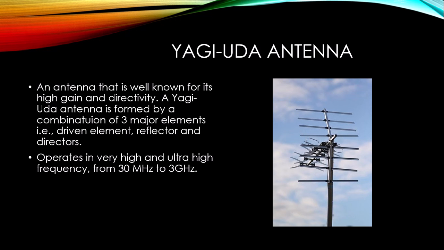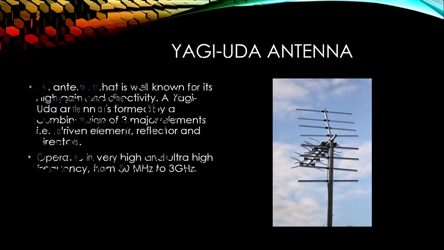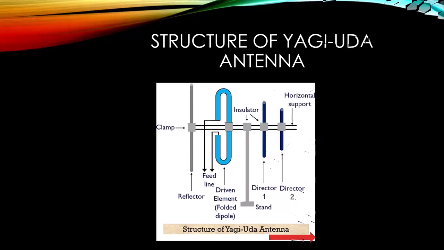The Yagi-Yuda antenna has three main elements that combine to form its structure: a driven element, which is generally a half-wave folded dipole, a reflector, and directors. The structure contains one driven element and one reflector, while directors can be more than one.